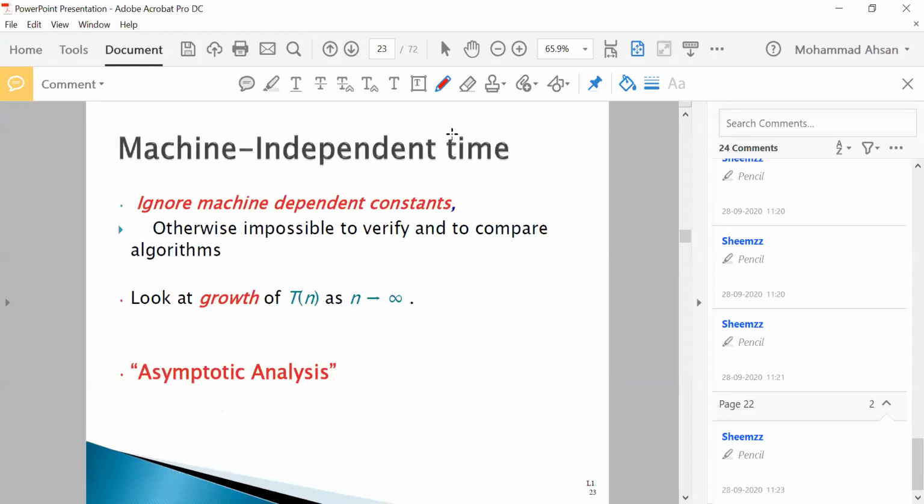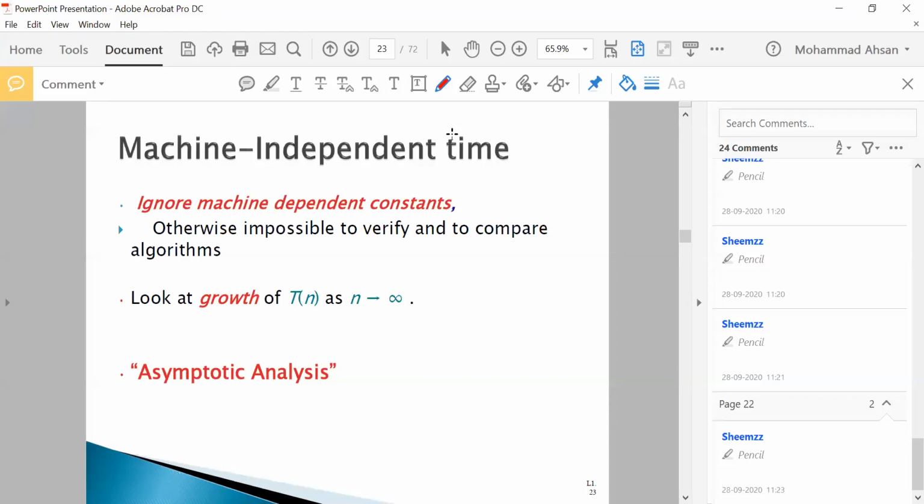Again, like I said, you cannot count the machine specifications, otherwise it will become very difficult to compare algorithms. So we will compare algorithms based on how they behave for a given input size, and mostly the input size we are talking about is the larger side. It's easy to sort one element, it's not easy to sort 100 elements. So as n grows, how does your algorithm behave?